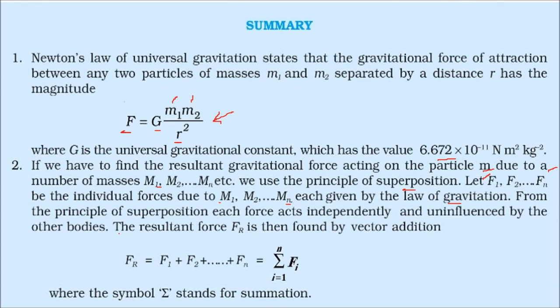From the principle of superposition, each force will act independently and will be uninfluenced by other bodies. So what will be the resultant force? It will be given by the vector addition of F1 to Fn, which is the summation from 1 to n of Fi.